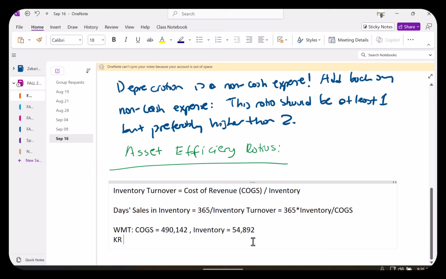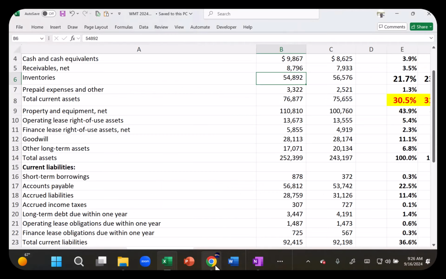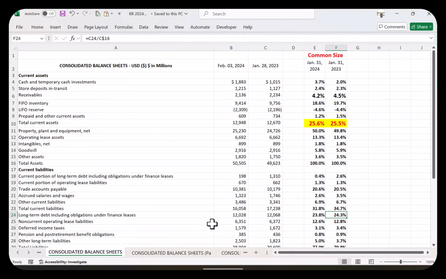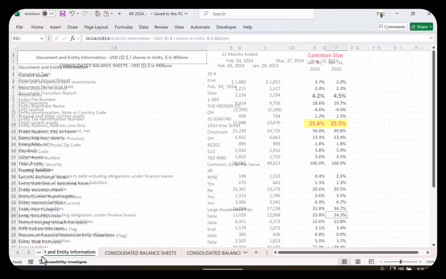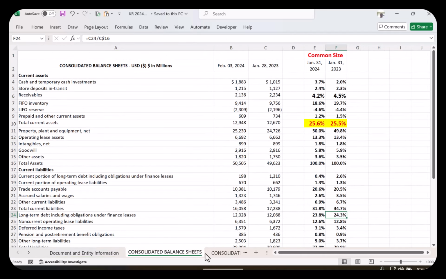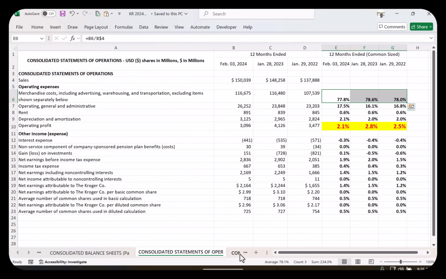Before I make any calculation, let me get the numbers for Kroger as well. Let me see.